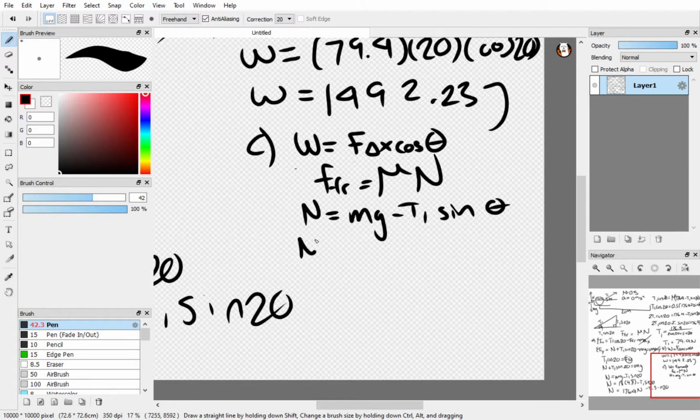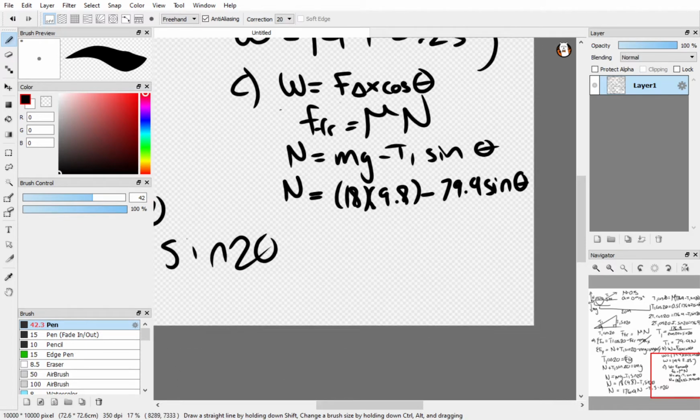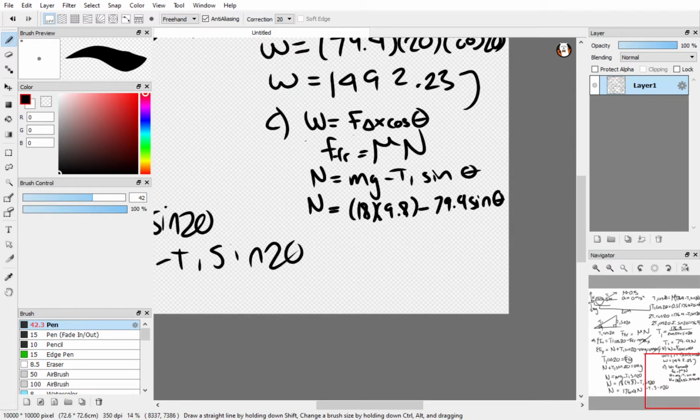Then we're going to plug in N equals 18 times 9.8 minus 79.4 sine theta, because now we have the value for T1, so we can plug that in. We got it from part A, and then it would result in a normal force of 149.24 newtons.